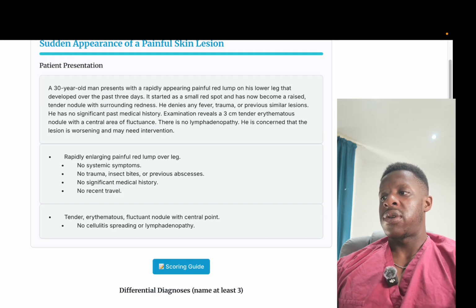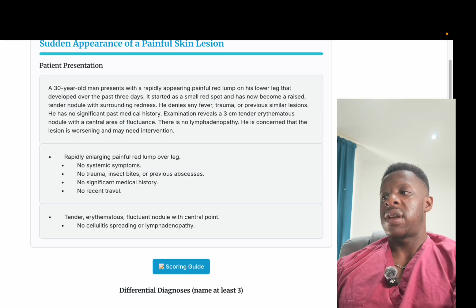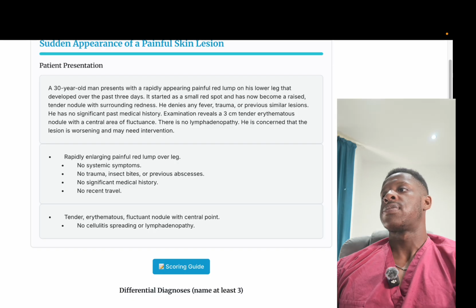So I guess with any sort of skin infection, you probably have to consider cellulitis here, even though it doesn't typically look like this. I'll probably say maybe an infected cyst of some form. It says no cellulitis or spreading lymphadenopathy, so we'll probably have to have this much lower on the list.